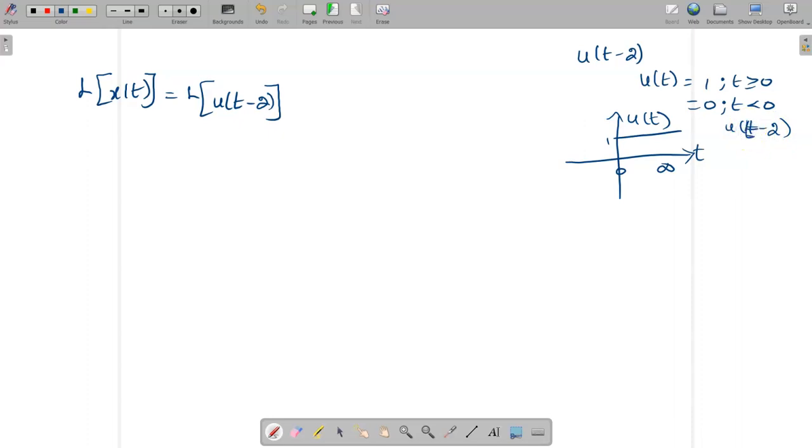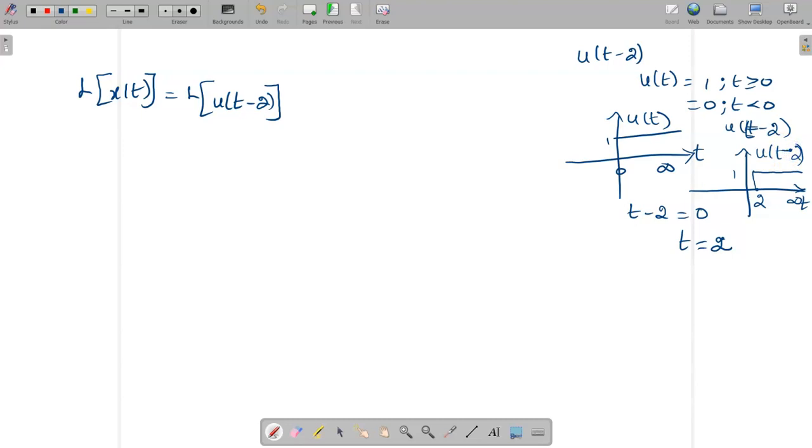For time shifting operation we need to substitute t minus 2 equal to 0. So t becomes 2. So this 2 we need to add to each and every instance of t in u of t. So 0 plus 2 will become 2, infinity plus 2 will become infinity. So the signal gets shifted from 0 to infinity as 2 to infinity. This is for u of t minus 2.